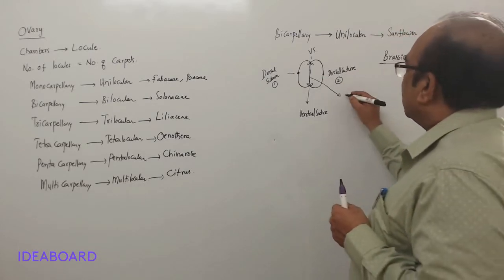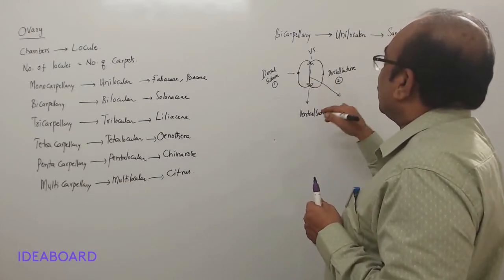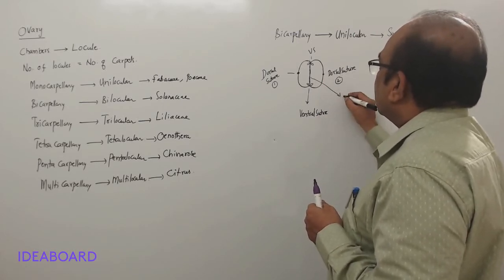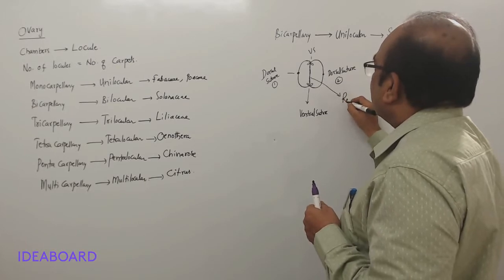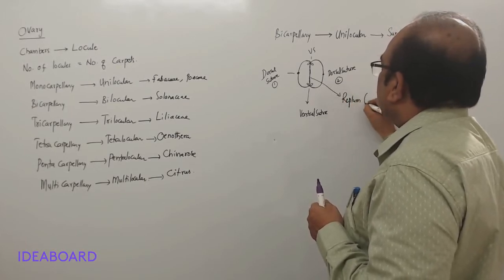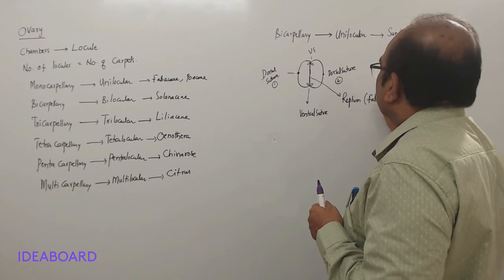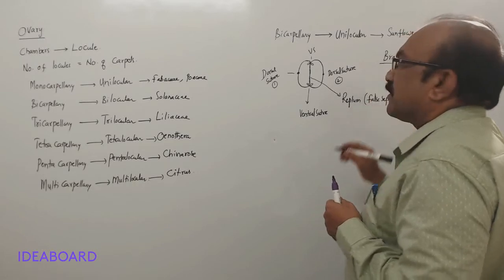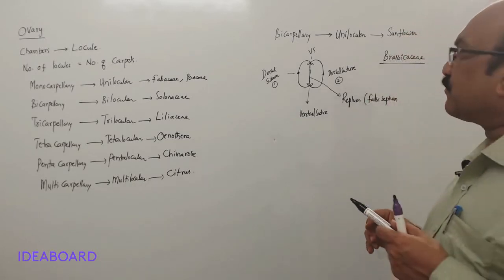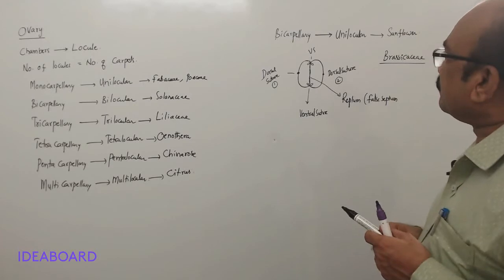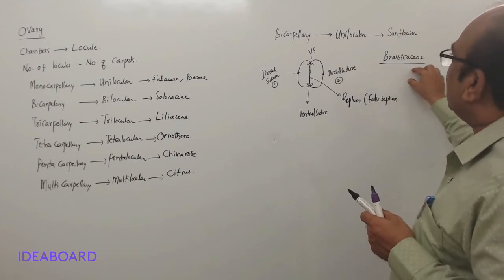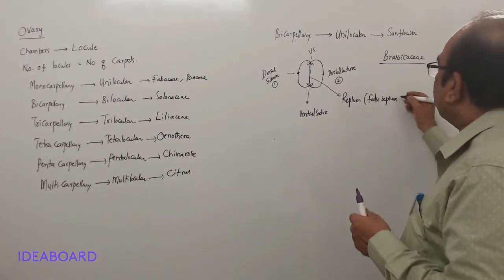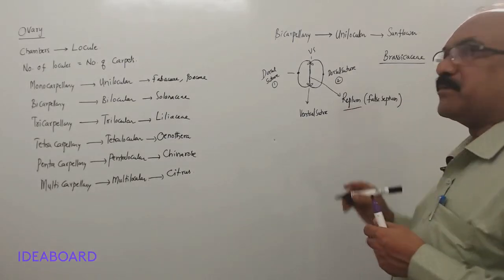Once it develops, the unilocular ovary will become bilocular, and the septum is called replum. So replum is a false septum. So remember, in Brassicaceae, when we describe the ovary, we describe it like this: it is bicarpellary unilocular, later becomes bilocular due to formation of a false septum called replum.